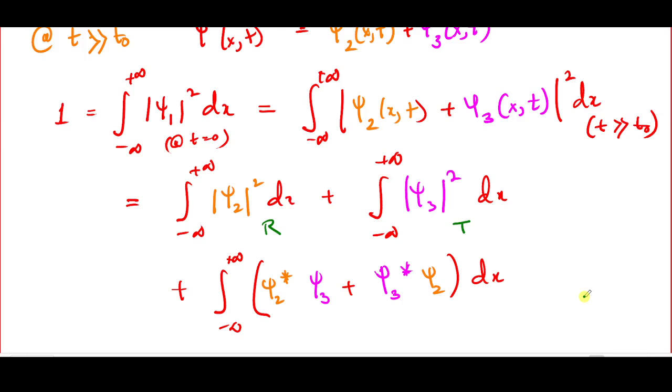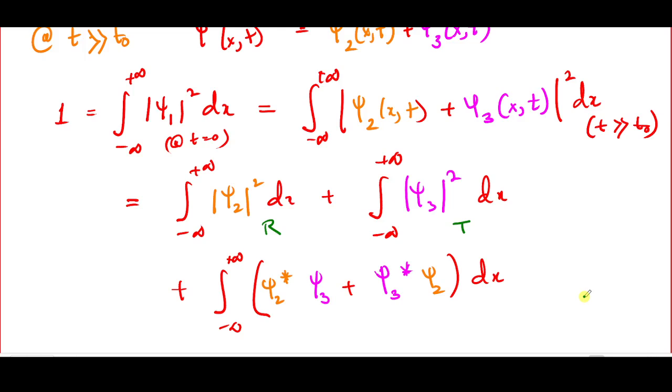Now this seems to cause a problem with our relationship that T equals 1 minus R. But note that in our particular case, there is no chance of a problem because psi2 and psi3 are non-zero over different ranges of x. Psi2 has a theta of minus x with it, psi3 has a theta of plus x with it.